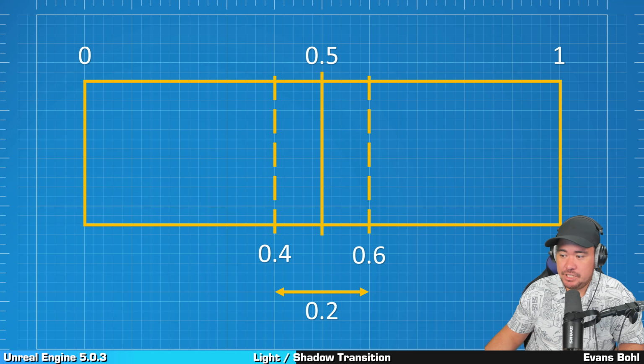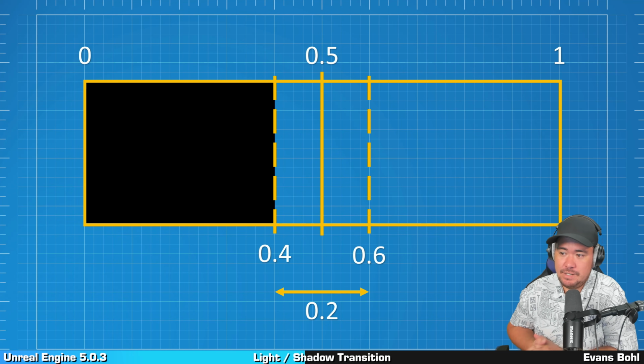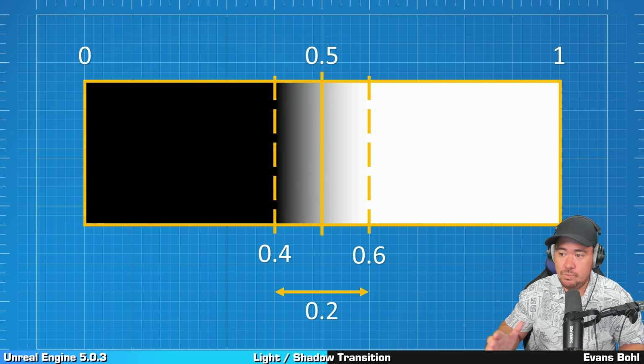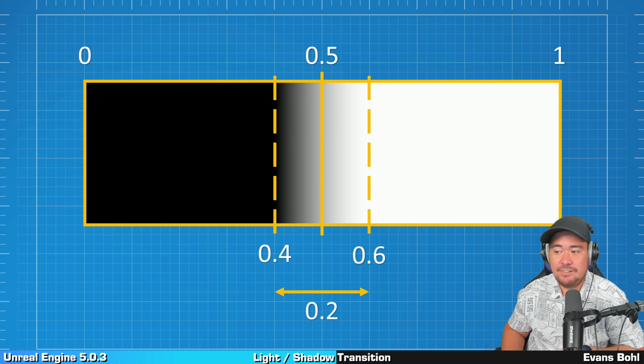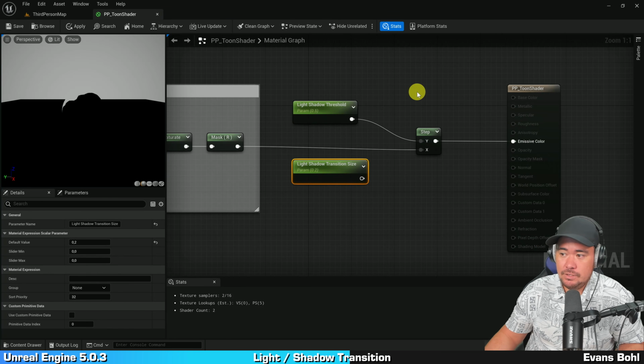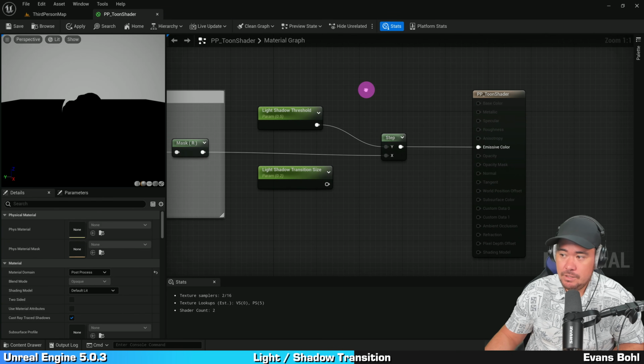And what we expect our shader to do is return 0 for pixels that receive an amount of light below 0.4, 1 for pixels that receive an amount of light above 0.6, and a smooth gradient going from 0 to 1 for pixels that are in the transition zone, in other words, for pixels that receive an amount of light between 0.4 and 0.6.